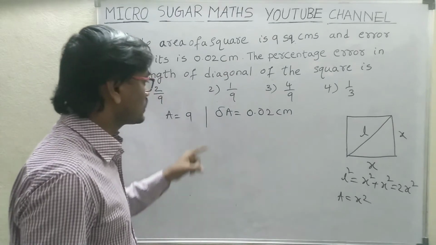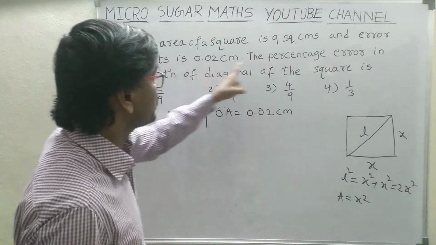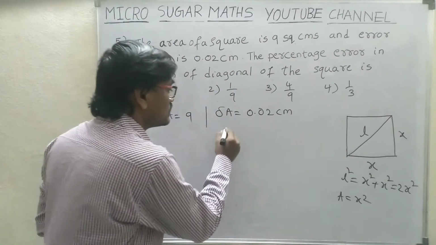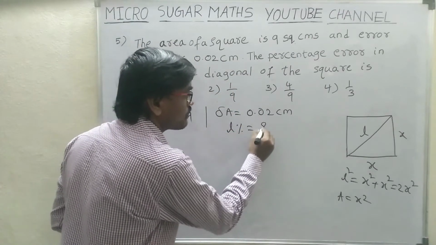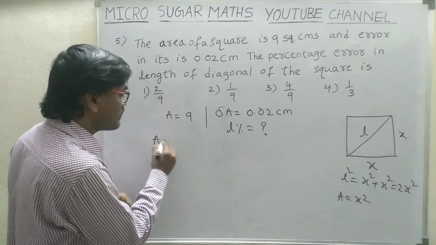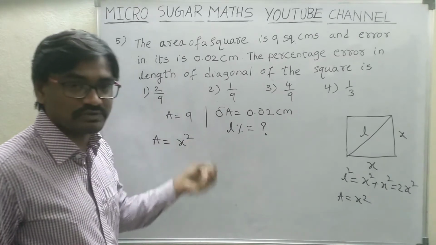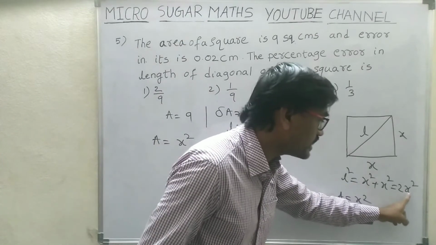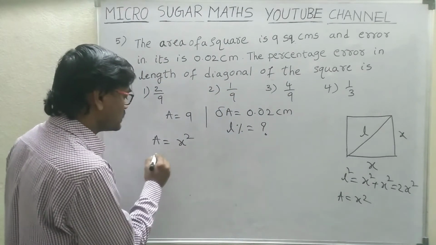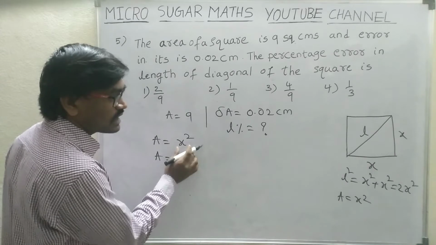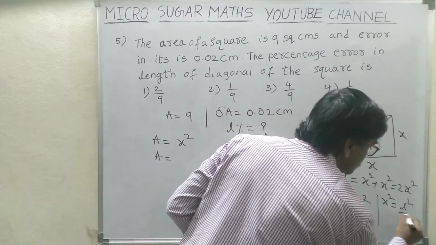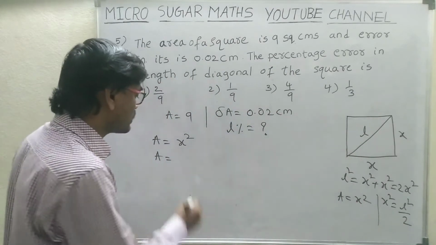Now students, we require percentage error. Length of diagonal means L percentage we require. Now students, the area of the square is x square. Now write x square in terms of L. The x square value is L square by 2. Write down L square by 2.